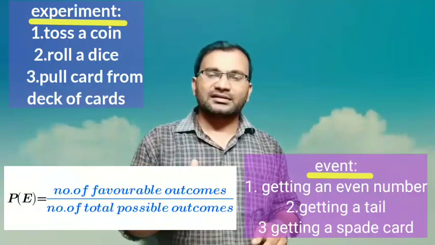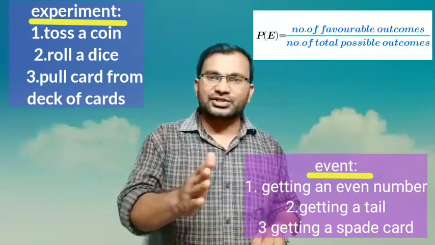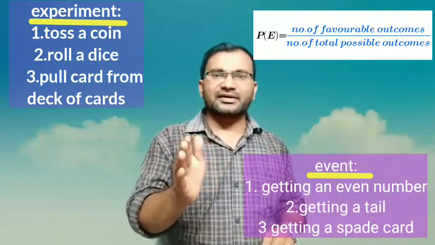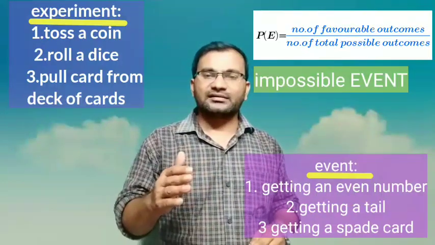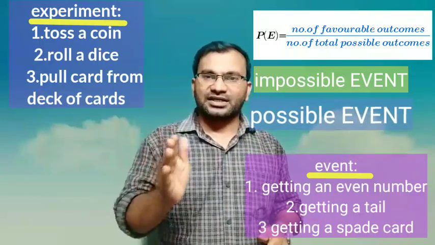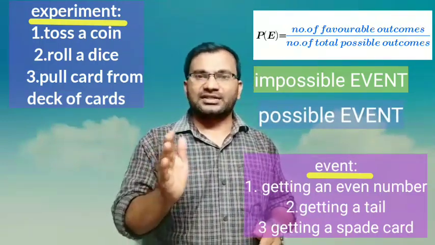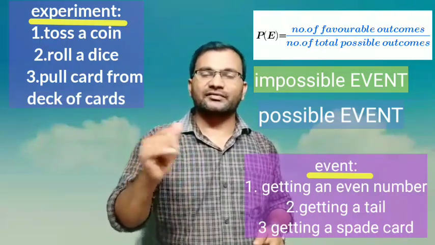And an event that cannot happen, meaning there is no chance to happen, for example getting 7 when you roll a dice, is an impossible event. And getting a number less than 10 will certainly happen. That is a sure event or certain event. Its probability P of E of getting a number less than 10 is equal to 1.